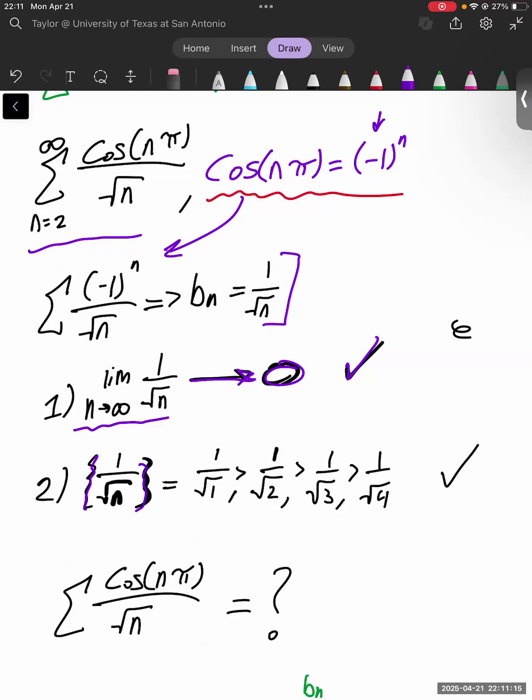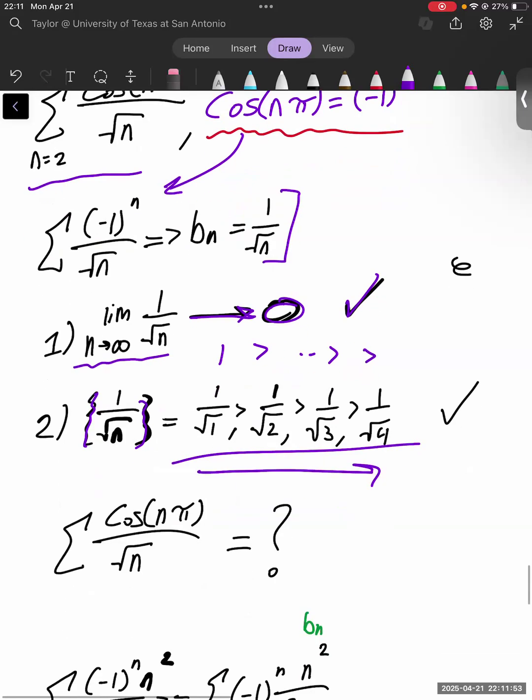So I take this sequence and write out the first couple of terms, and I see that 1 is bigger than 1 over, like 1.14 or something, is bigger than, like, anyways, you get the idea. This would be 1, and then this would be significantly smaller. Therefore, it's a decreasing sequence, as in the numbers get smaller as we go that way.